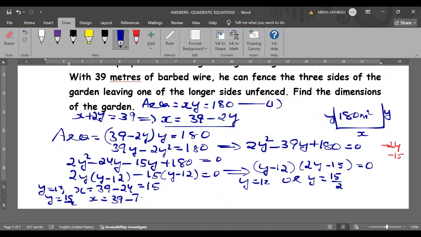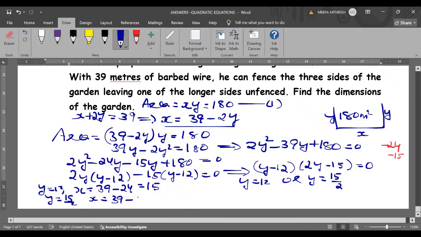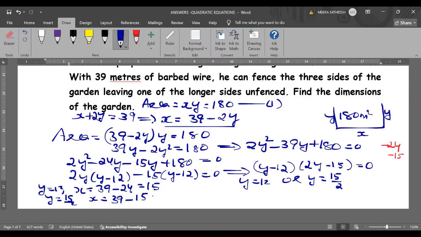Sorry, 2 into 15 by 2 means 15 only, no. So we will get it as 24.